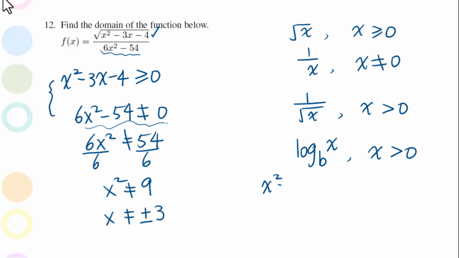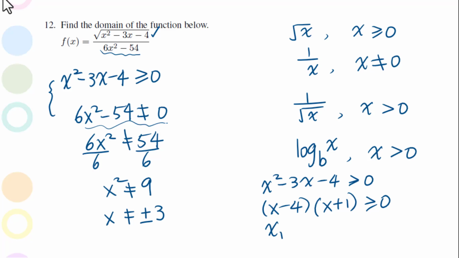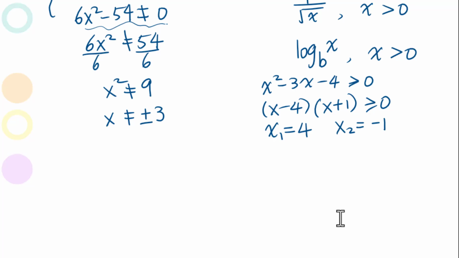For x squared minus 3x minus 4 greater than or equal to 0, factor first: (x minus 4)(x plus 1) greater than or equal to 0. Then we get two roots: x1 equals 4, x2 equals negative 1. You can use a sign diagram to solve this inequality, or you can use the graph.